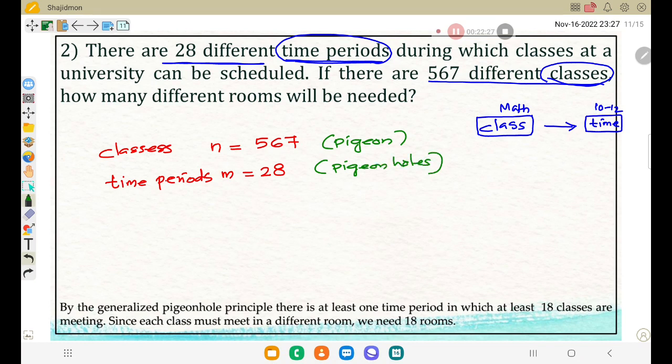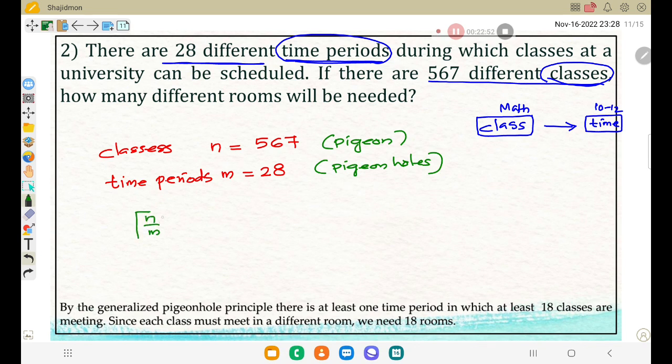Now what we need to do? How many different rooms will be needed? We can check that in the different time periods. In one of the time periods, how many different classes do we need to schedule? That is what we need to think in our mind. So we are just using the extended pigeonhole principle.